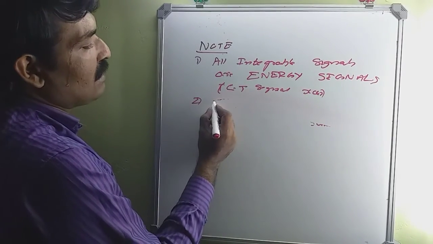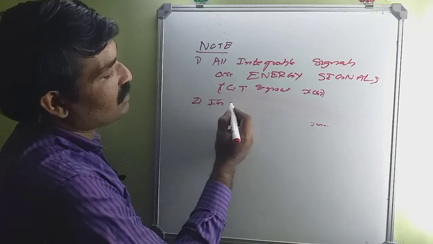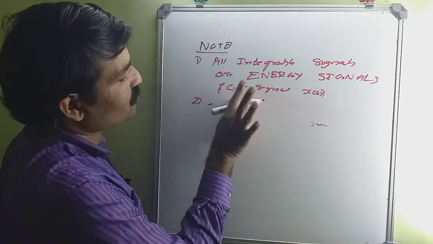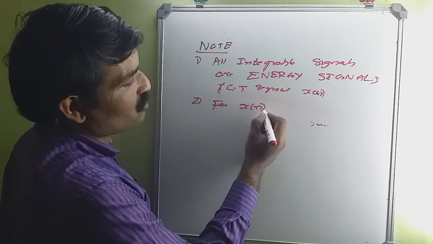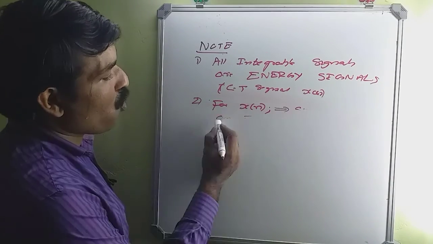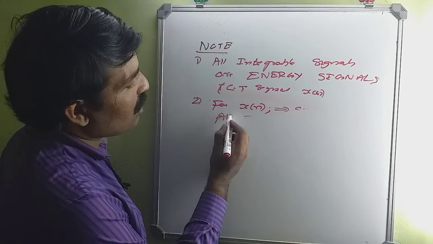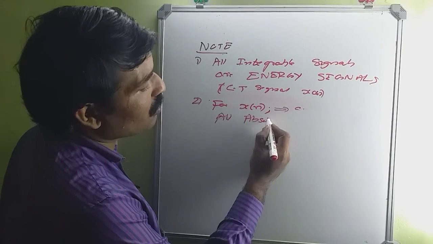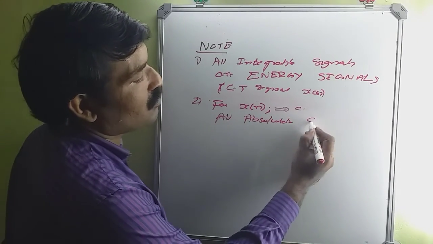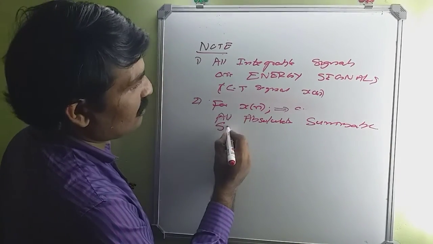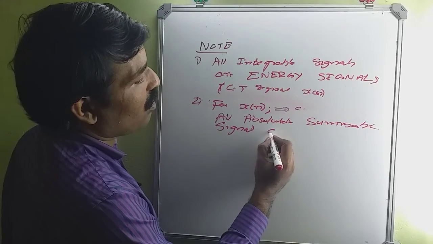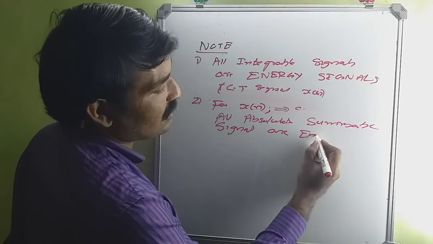In the case of a discrete time signal x of n, all absolutely summable signals are energy signals.